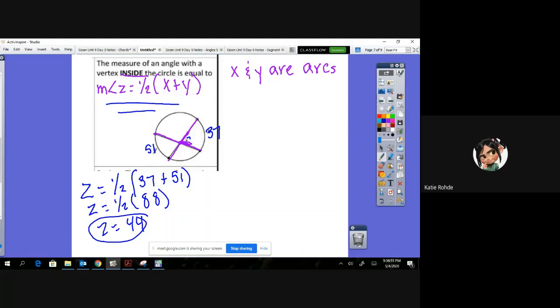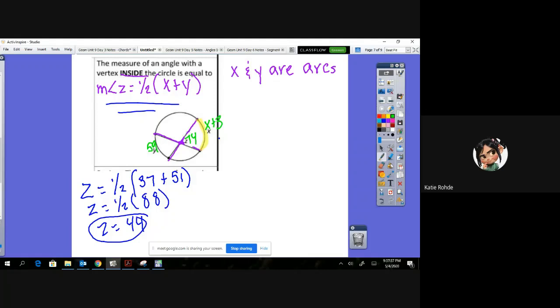What if it's not that simple, or what if they give you the angle measure and you need to go back and find the arc length? Say the measure of angle Z is 74 and Y over here is 59 degrees and X is x plus 3.